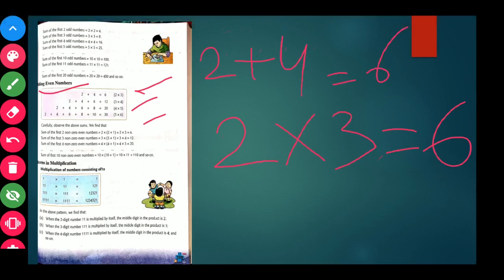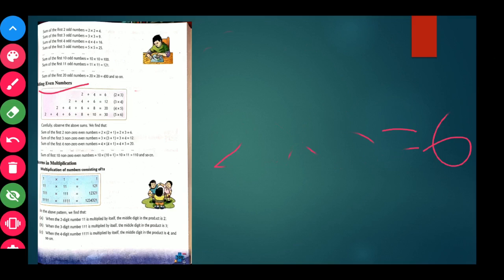Similarly, the next is 2 plus 4 plus 6. So how many digits are given? 3 digits. So according to this rule, multiply 3 by the next consecutive number, that is 3 multiplied by 4, and the answer you will get is 12.